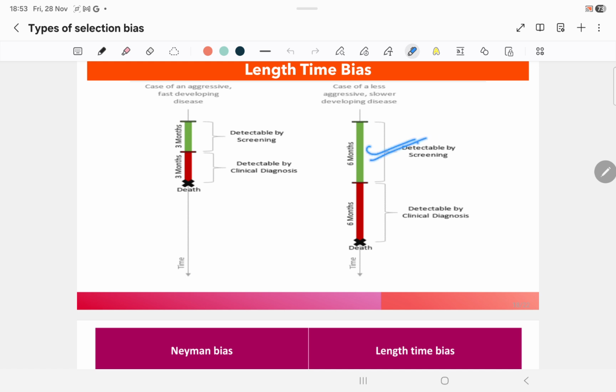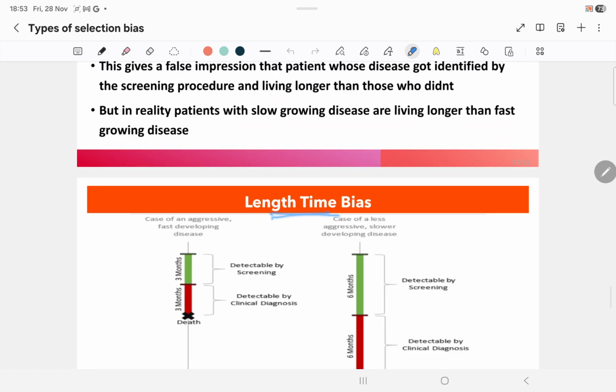And we are getting more positive results with screening in a slow growing disease because of the larger window. So larger window before the symptoms develop, more positive screening tests, larger lifespan. What is the result? That positive screening test improves survival. This is not the case. What is improving survival? The slow growing nature of the disease. So this is called length time bias.